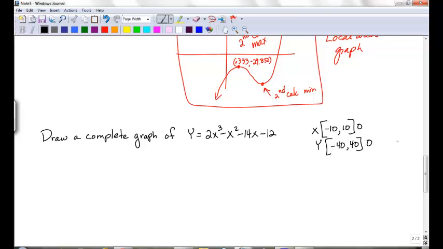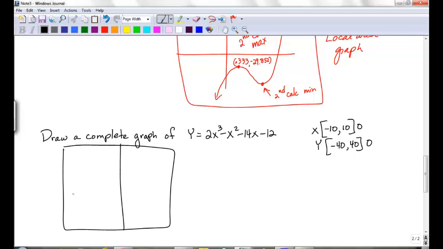Okay. If I graph that on my paper, okay, this is what I would graph. And by rights, there should be arrows at both ends. It's going to go. Am I showing a complete graph? All the max and min points, all the x and y intercepts.